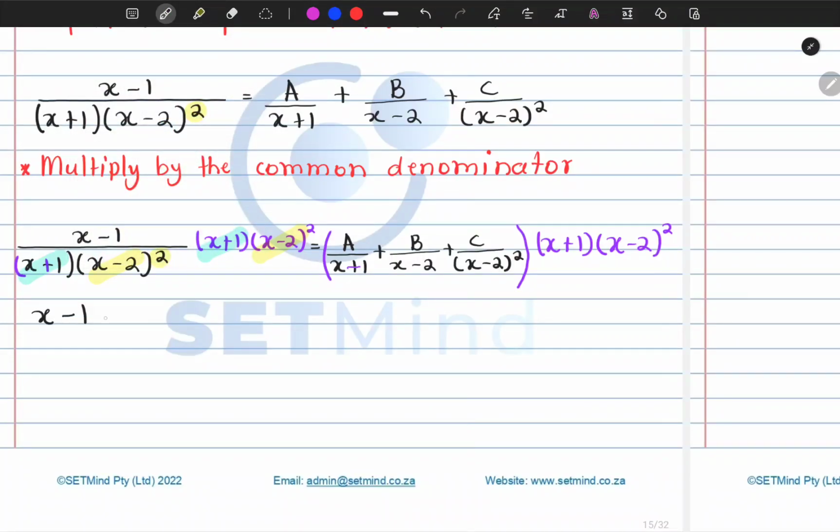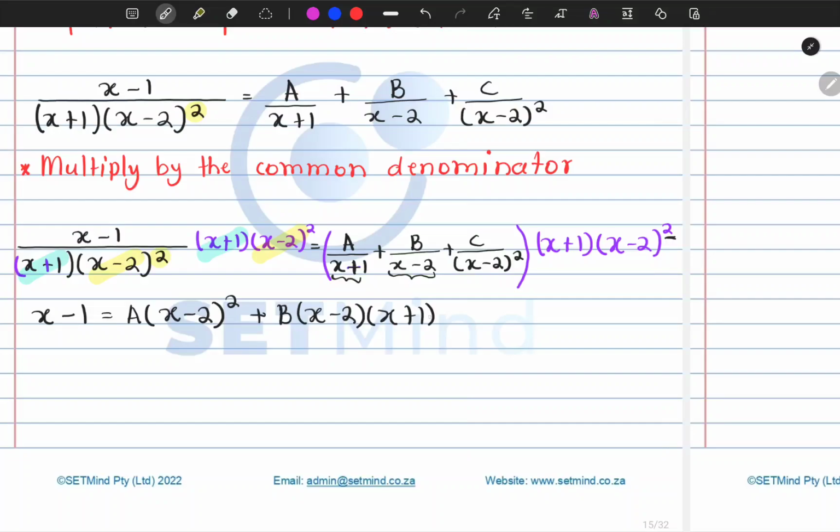will be left as x minus 1 equals, our right-hand side, if you look carefully, will have a into the x plus 1 will cancel. So the a will be multiplied by x minus 2 all squared, plus b into. For the b, x minus 2 will be cancelled, but there's two of them, so one of the x minus 2 will be left, but also the x plus 1 will be there.